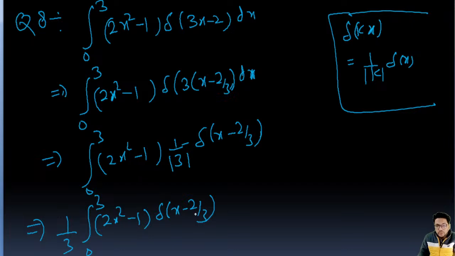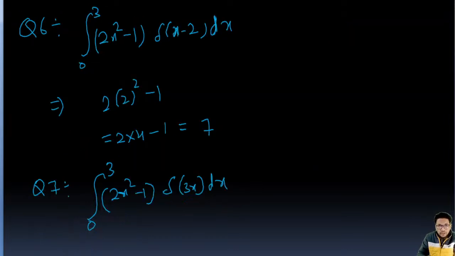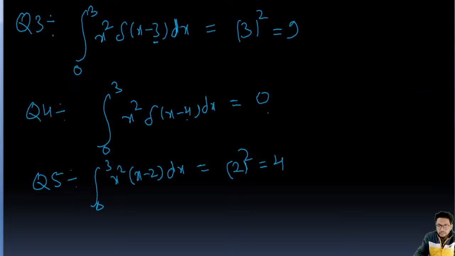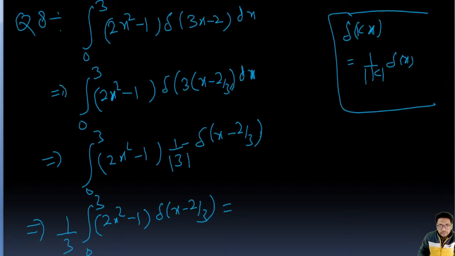Now the same 2 by 3 is between 0 and 3, so we can use the first property: integration from minus infinity to plus infinity of f of x delta x minus a dx is f of a. So we write f of a: 2 into 2 by 3 whole square minus 1. 2 square is 4, so this is going to be 8 by 9, and 1 upon 3 is already there.